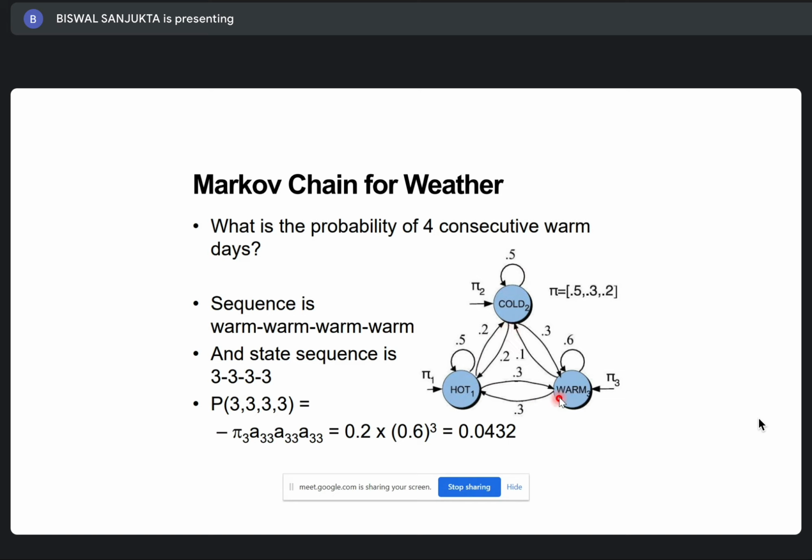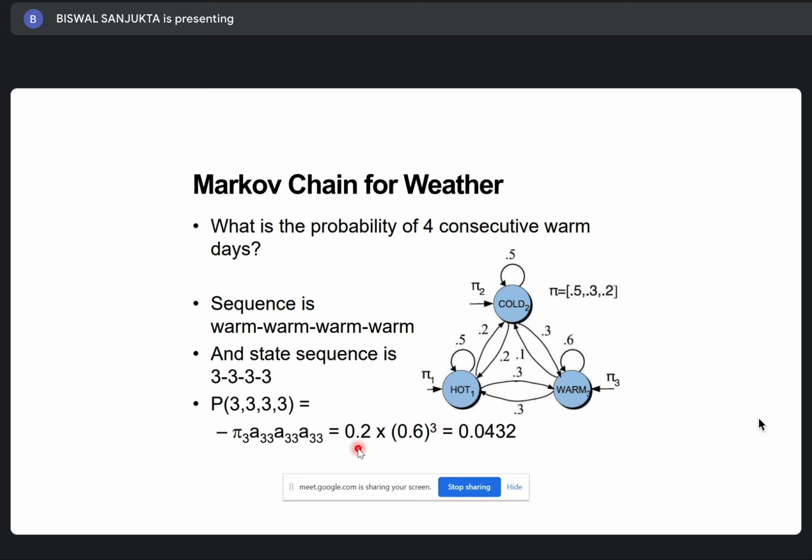So as per the arrow direction, from hot to warm, since the arrow is towards warm, that means your next day will be warm and the previous day is hot. That's how you have to understand this probability, as per the state picture given here.